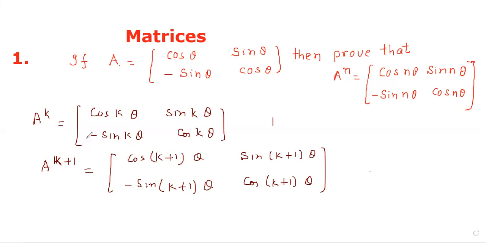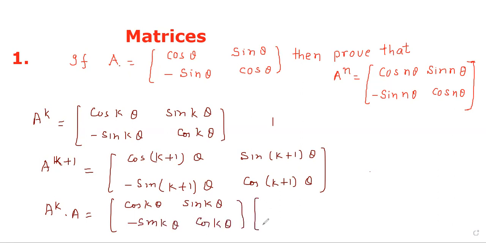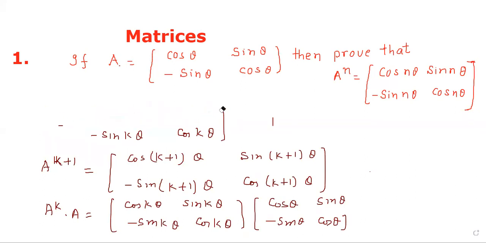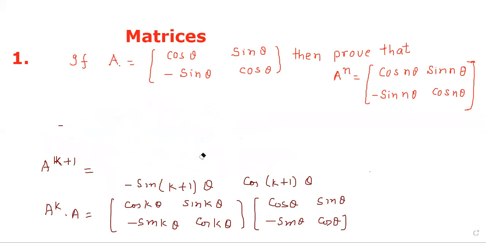So let's prove it by multiplying A power k with A. So [cos k theta, sin k theta; minus sin k theta, cos k theta] times A. A means [cos theta, sin theta; minus sin theta, cos theta]. So let's see.